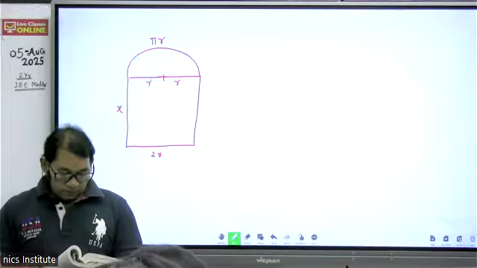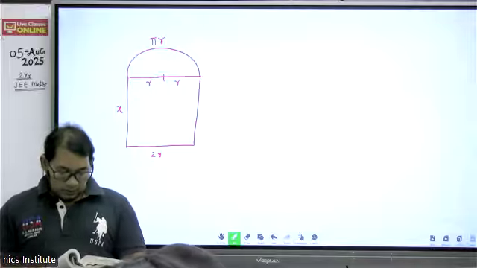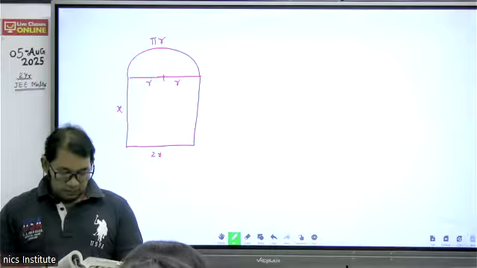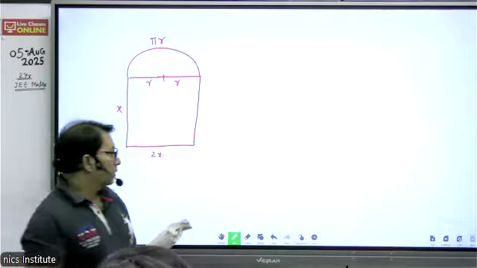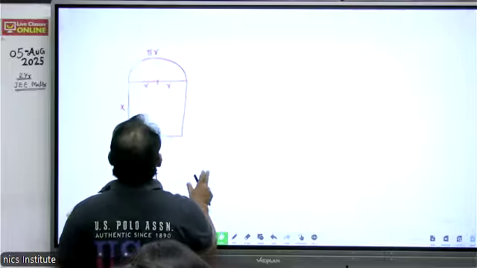Is in the form of a rectangle surmounted by a semicircle. The semicircular portion is fitted with colored glass.